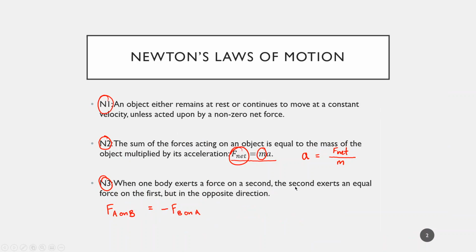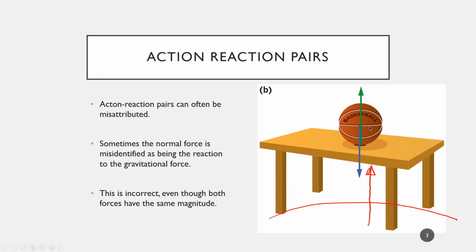At the same time, that second body exerts the same force on the first. So that's not what's going on here with these two forces acting on the basketball. So just try and make sure you understand what that law is talking about. It doesn't pop up too much in terms of questions on exams and things like that, but it's still something that you really need to be careful with.